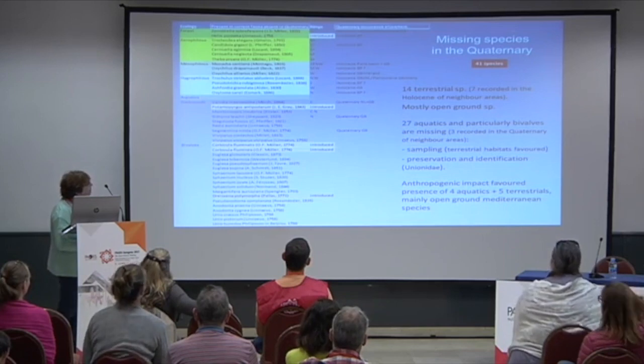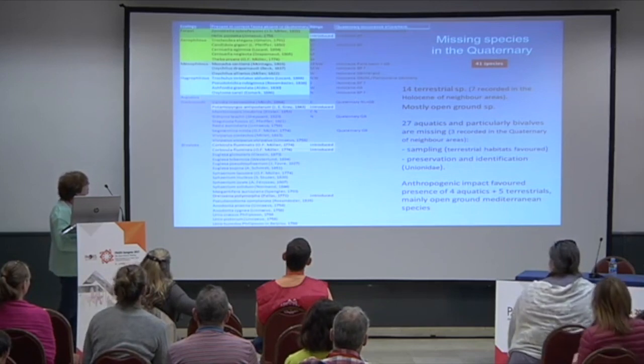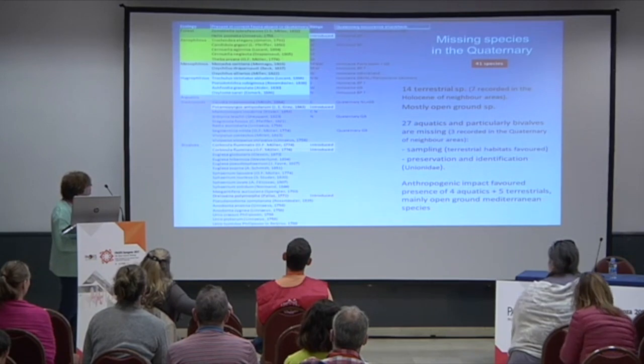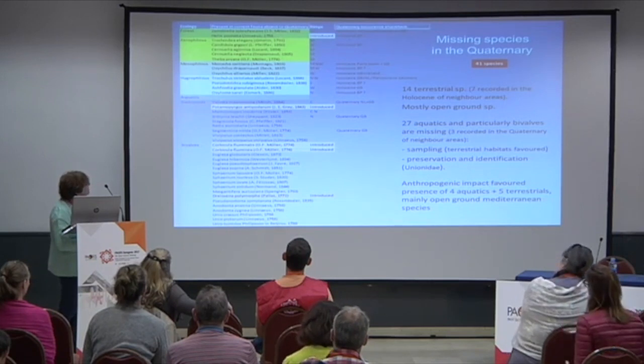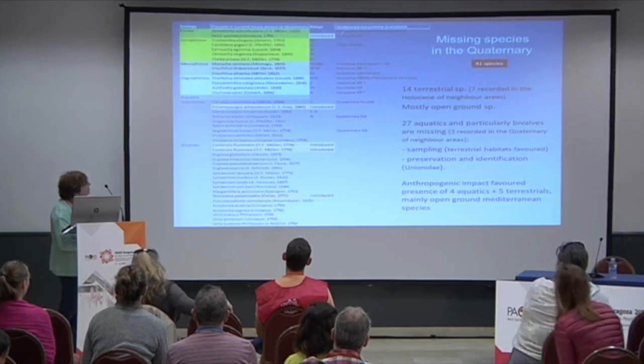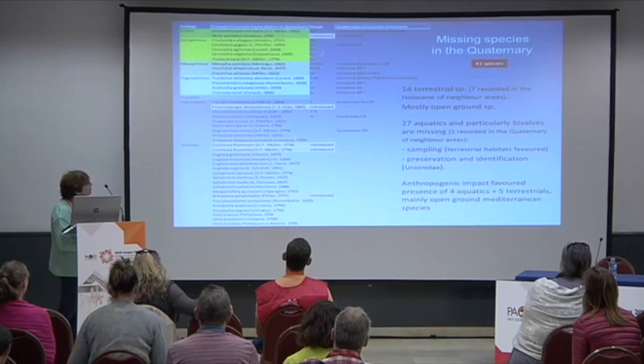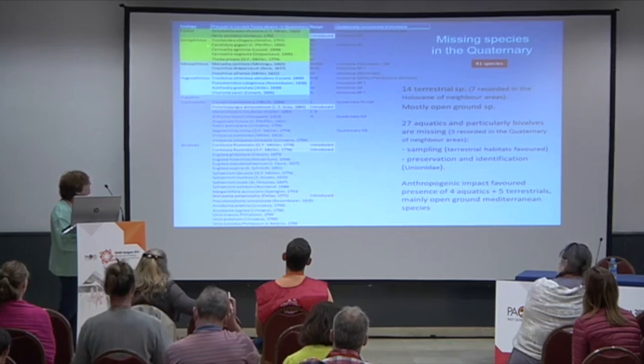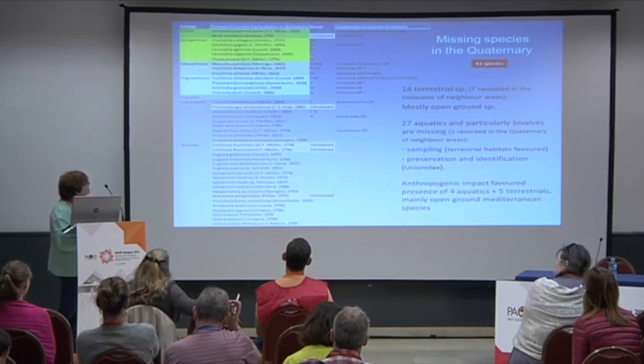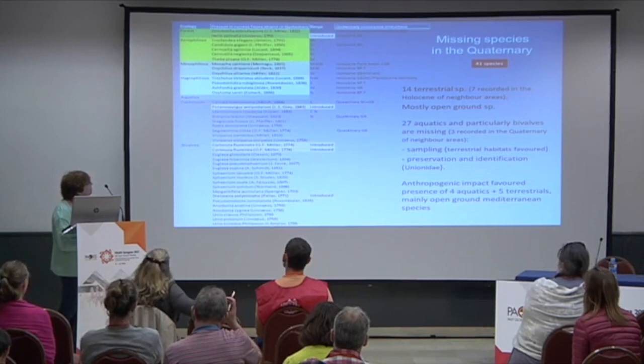There are 41 of those. A little part, 14 of those, are land snails, and among those land snails, most of them have been registered in the Quaternary in neighboring areas. So the real absence in the Quaternary relies mainly on this yellow group, and they are species of open ground and mainly of Mediterranean origin.